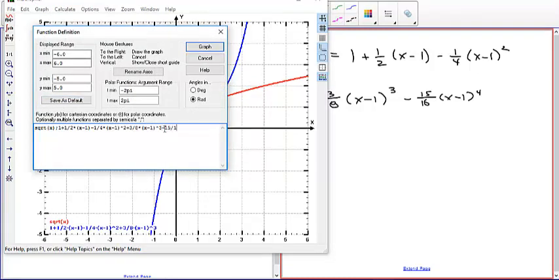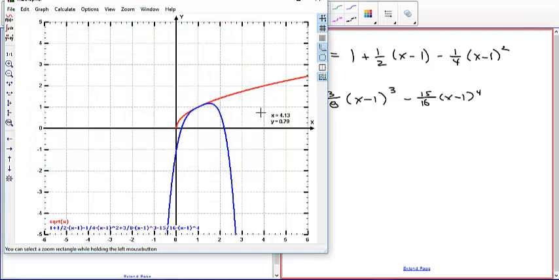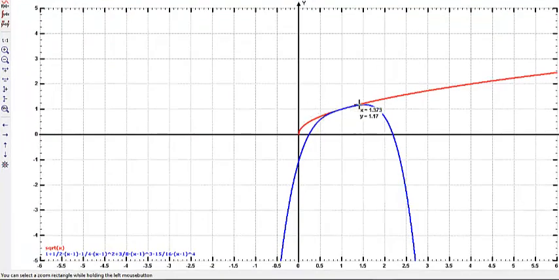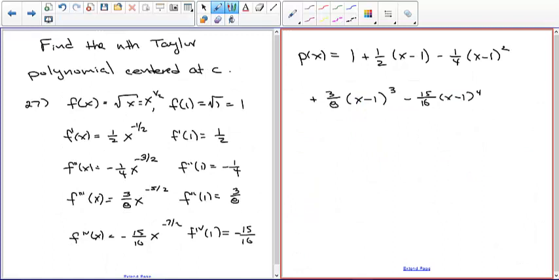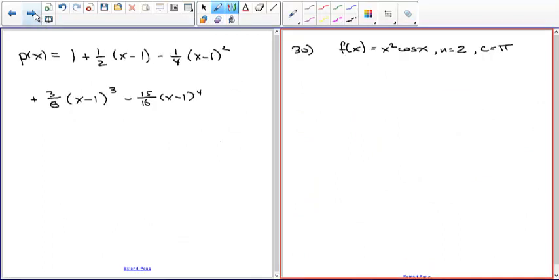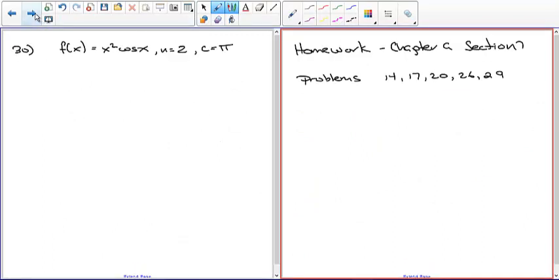Minus 15/16 times x minus 1 to the 4th power. Yeah, so it is getting better, as you can see, around x equals 1. So there's your homework for section 7.